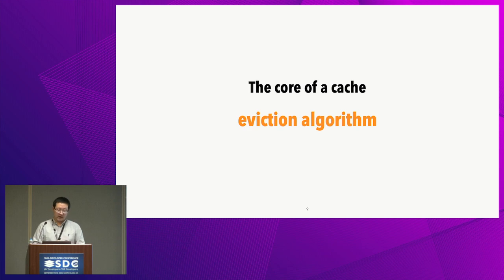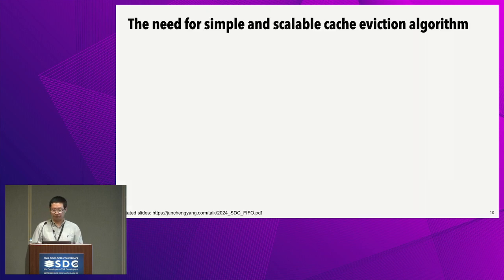So for today's talk, I'm going to focus on cache eviction algorithms, because many different parts of a cache affect cache performance and efficiency, but eviction algorithms exist in every cache. Eviction algorithms have been studied for over 6 decades now.